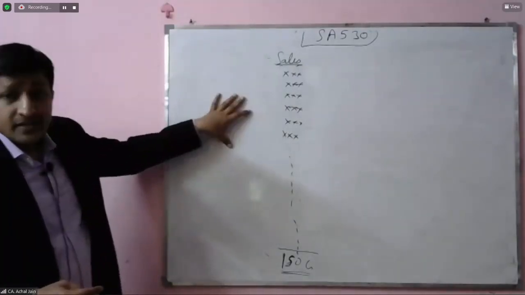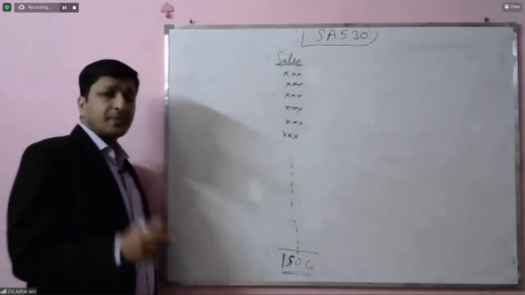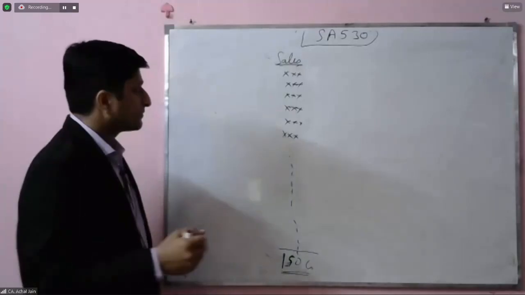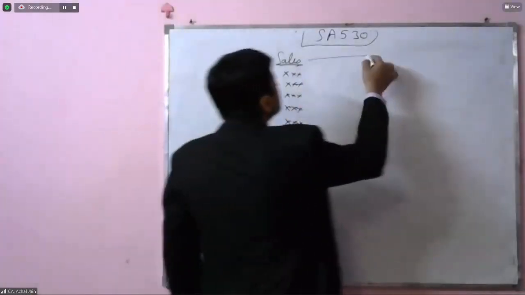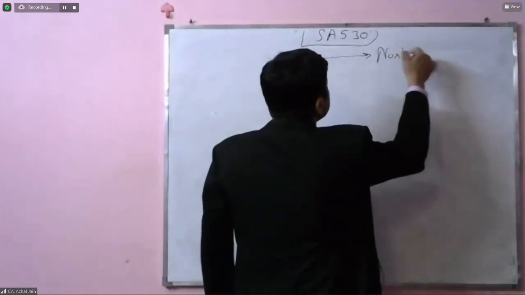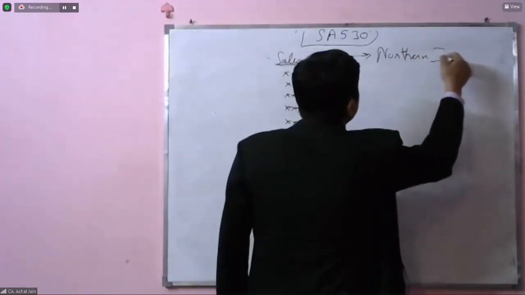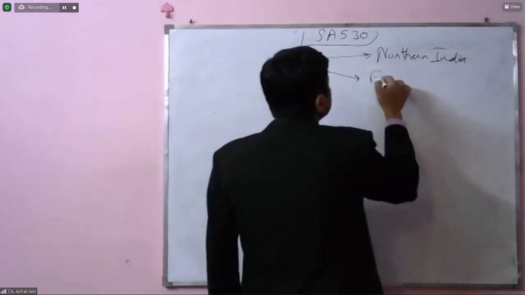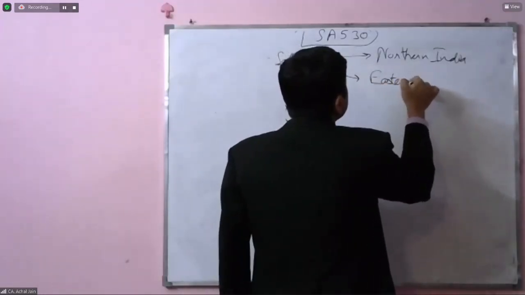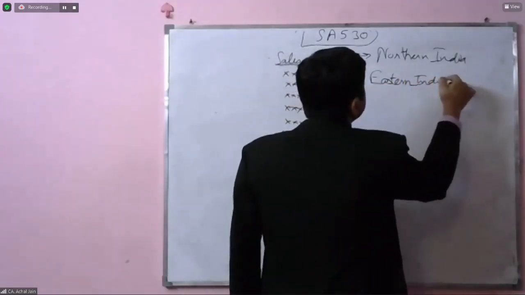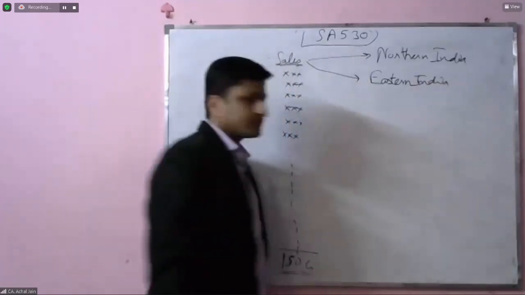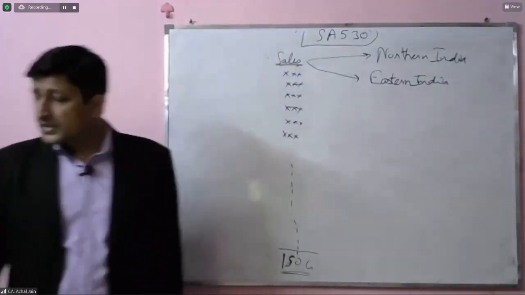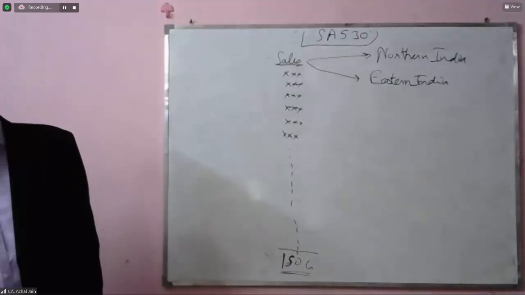Say the auditor understands that the company operates in 2 regions. That means sales are in northern India and in the eastern part. Means the company is operating in these 2 geographies only.